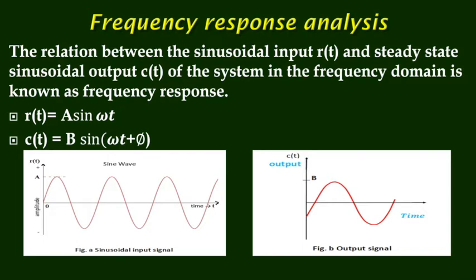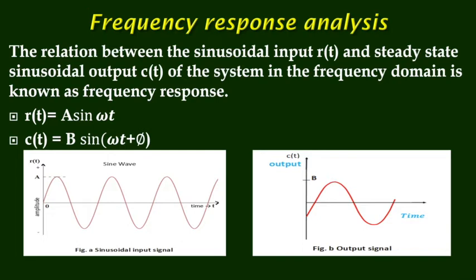But the determination of the transfer function from the step response is very difficult. On the other hand, using the frequency response method, we can easily obtain the transfer function from the experimental data.